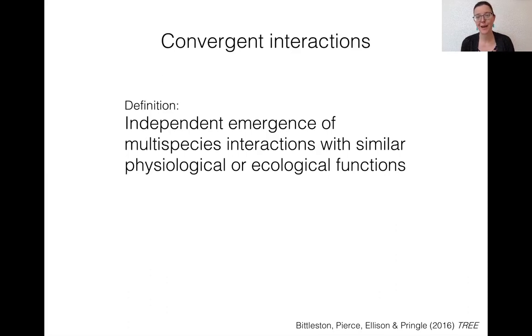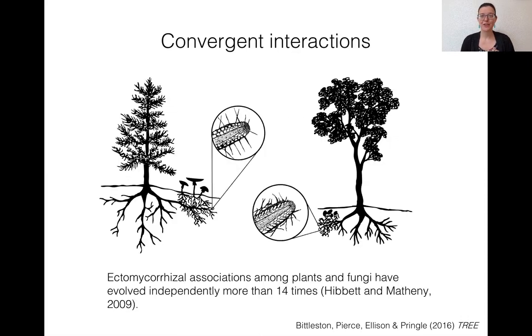I'll give you a couple examples of this in plants. So the first example is ectomycorrhizal associations that form between plants and fungi. And in this association, you have a Hartig net that forms around the tip of a root. And the fungi are able to scavenge in the soil for nitrogen that would be very difficult for the plant to access on its own.